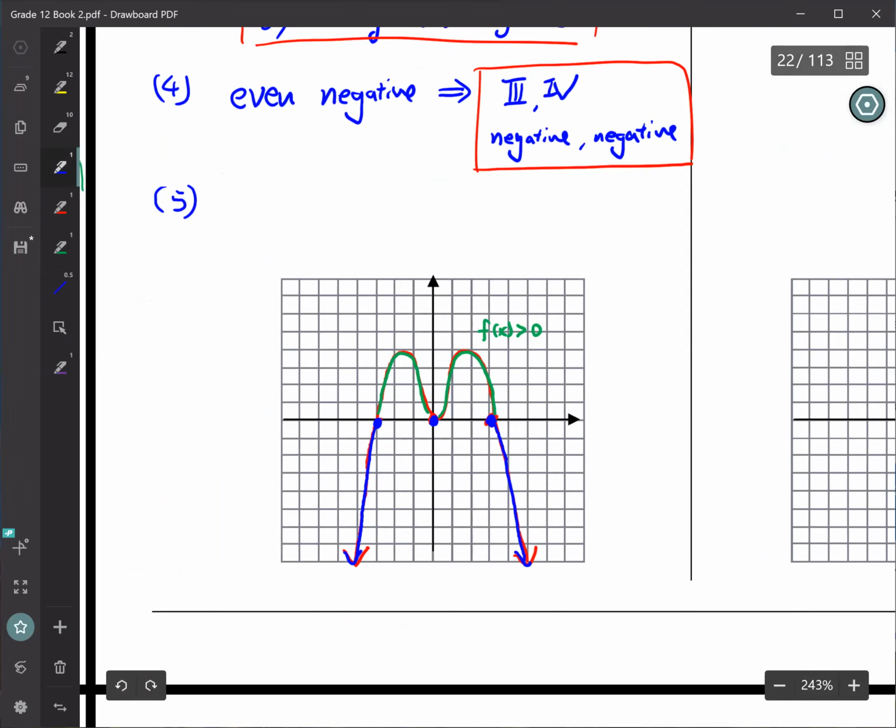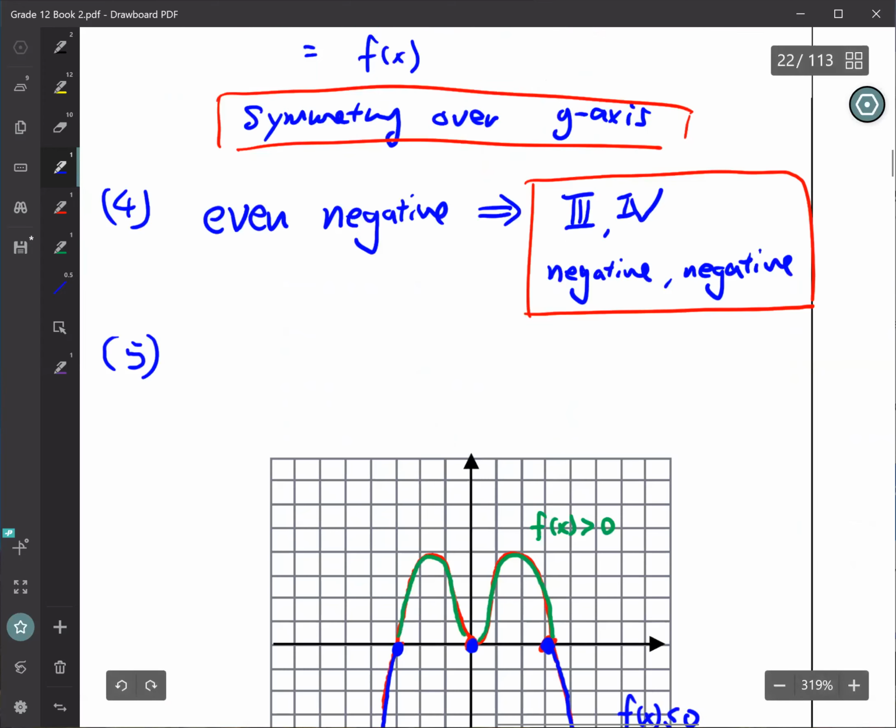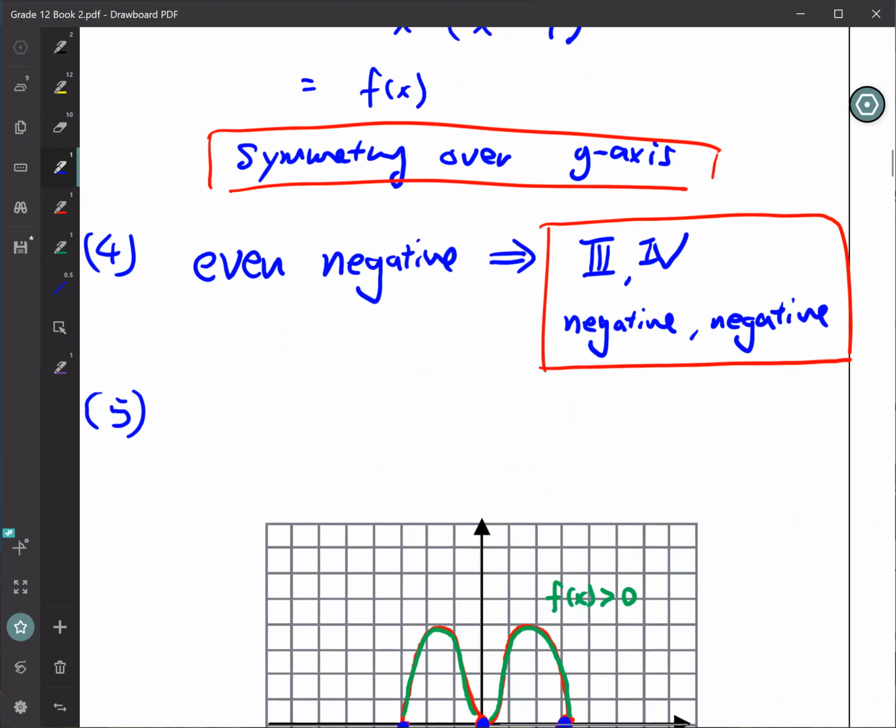So all the blue color is for f of x less than or equal to 0. Any questions? What you could do when you are doing the homework is take a piece of paper and cover the bottom part, so you just see the top. That's what we are looking for with greater than 0. So you can write it out like this.